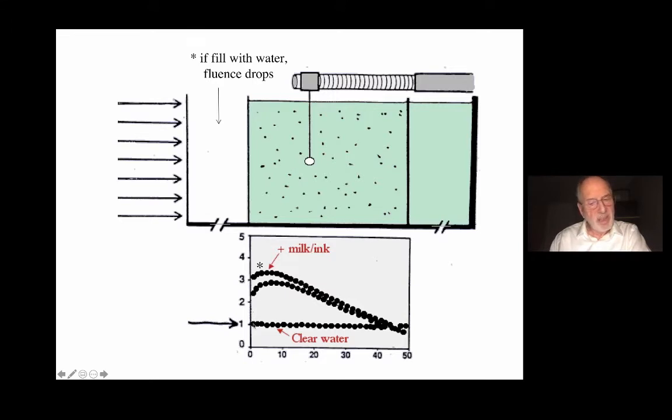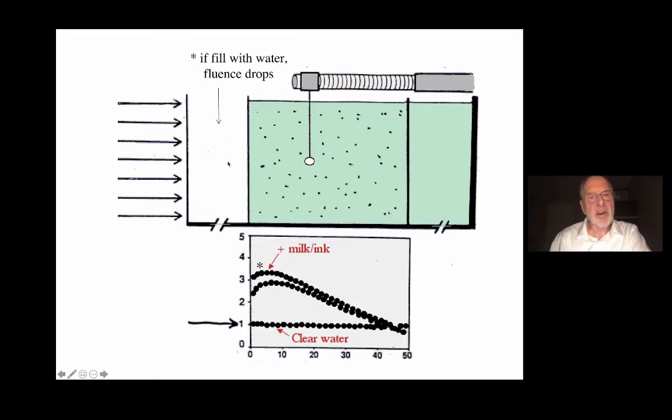If you only have clear water in the fish tank, you just register 1 unit of fluence. But when you added the milk and ink, you built up a concentration almost threefold in the fish tank. The scattering has caused a concentration of photons near the surface.